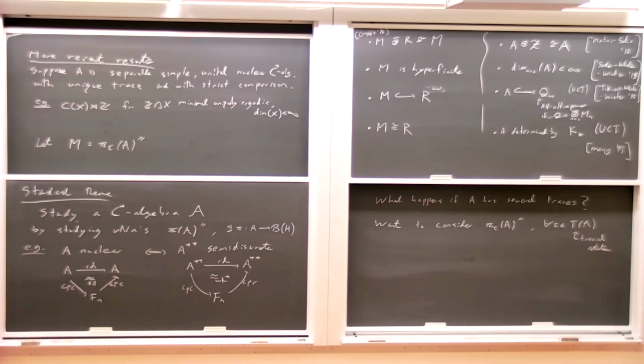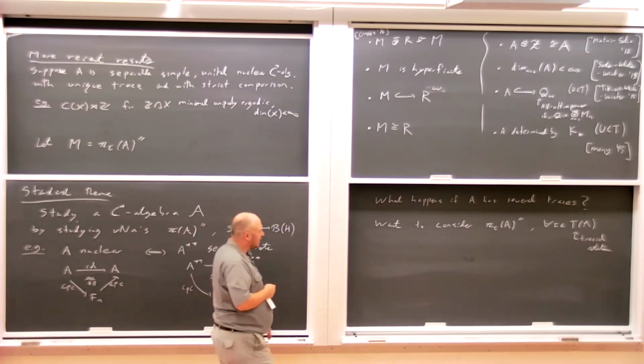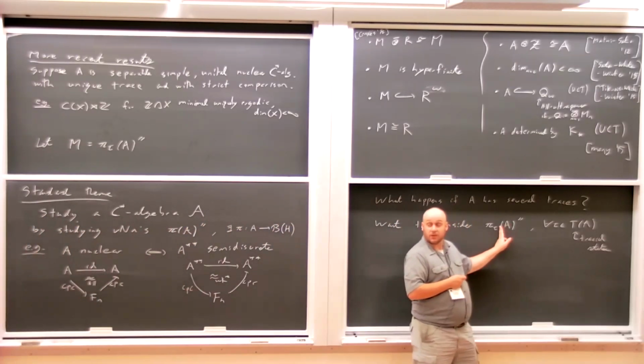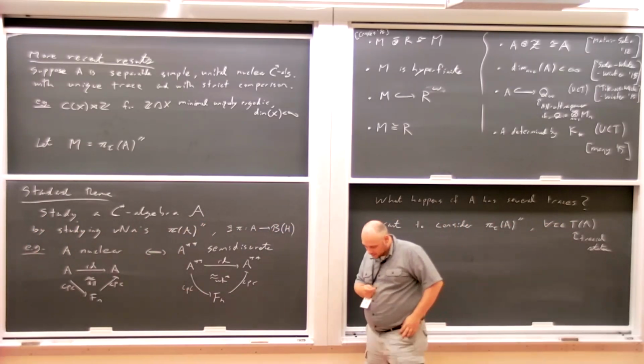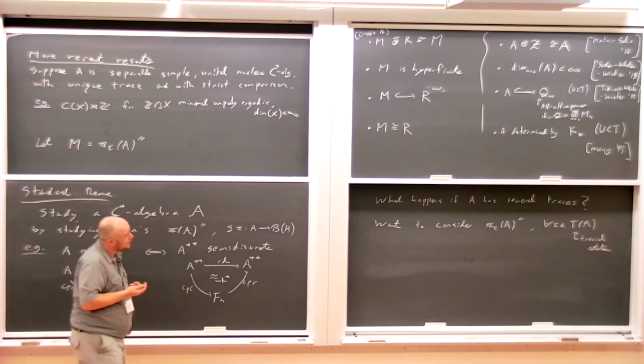And you don't want to necessarily consider them individually. I mean, you want to organize them somehow, taking into account the geometry of the traces itself. It's some compact convex set, a Choquet simplex, and somehow they're trying to think of these von Neumann algebras as being fibered over this simplex of traces in some way.